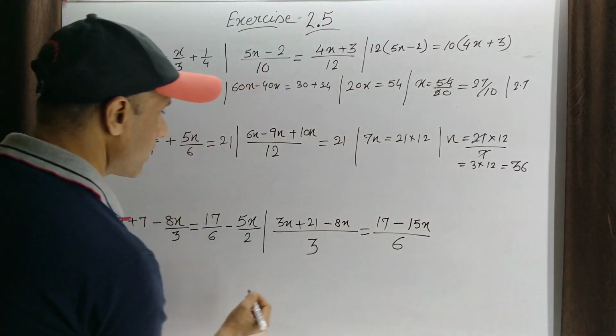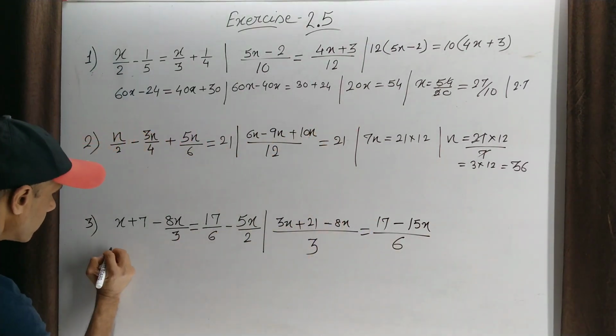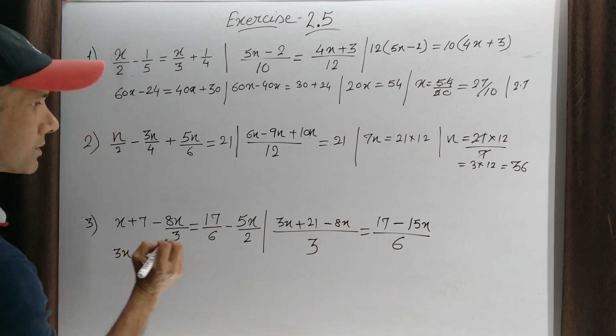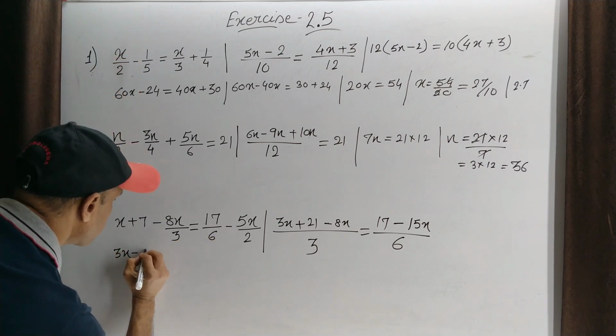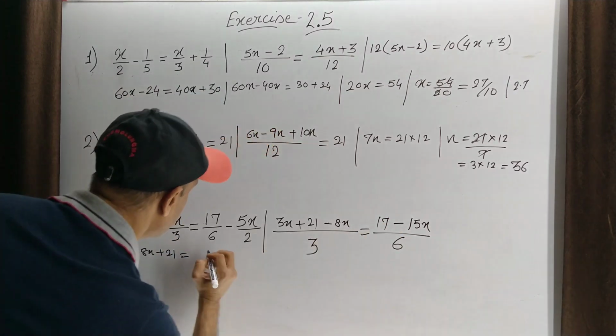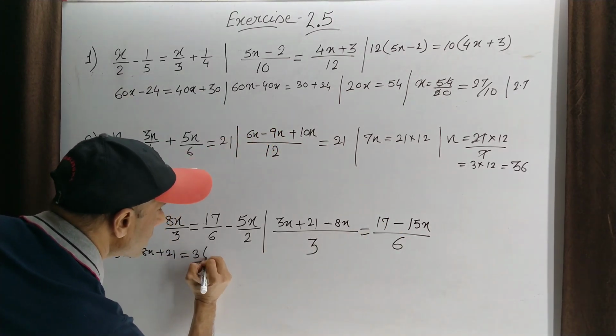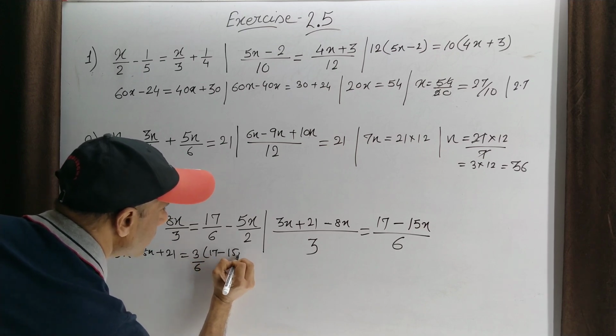Okay, so we move 3 that side, we will get the values as 3x minus 8x plus 21 is equal to 3 by 6 into 17 minus 15x.